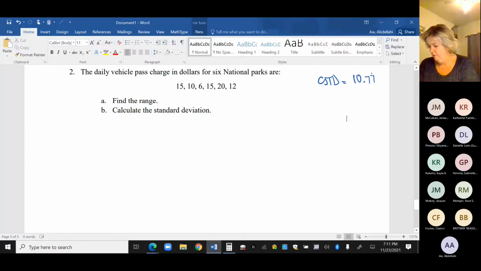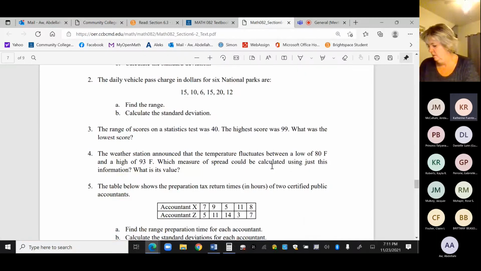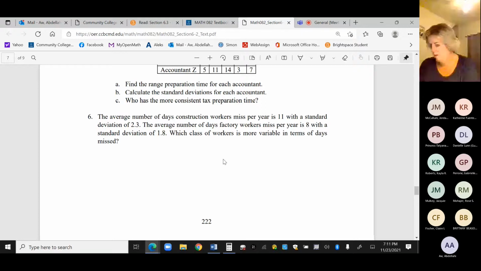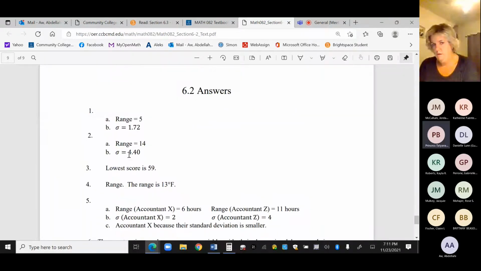So did you take the square root of that? Wait, the square root of this? I don't know. This number looks like a little bit high to me. I got 1.34. Okay, let's look at the key. 4.4.